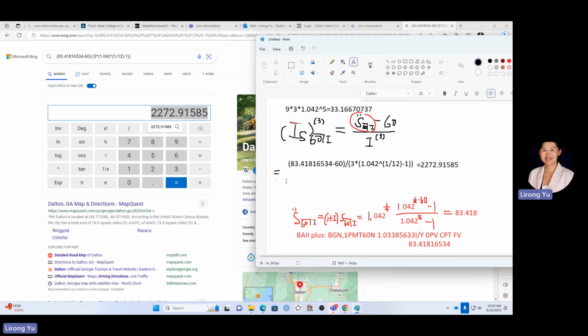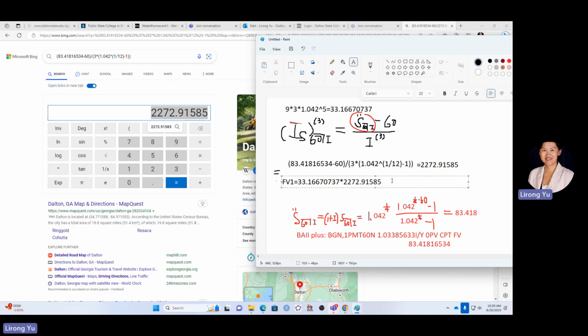So with that calculation, we're getting a future value 1 that is equal to 33.16630737 times the 22.